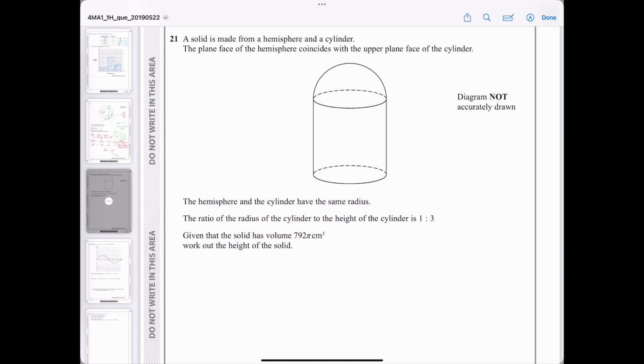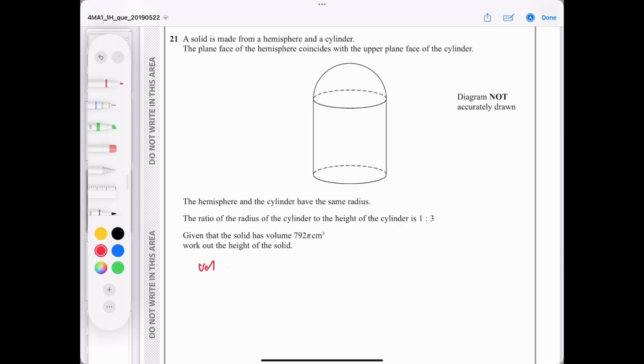So let's write this in: volume of a sphere equals 4/3 pi r cubed. So that means the volume of a hemisphere equals 2/3 pi r cubed.